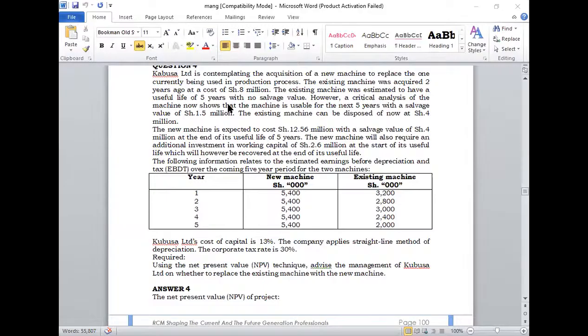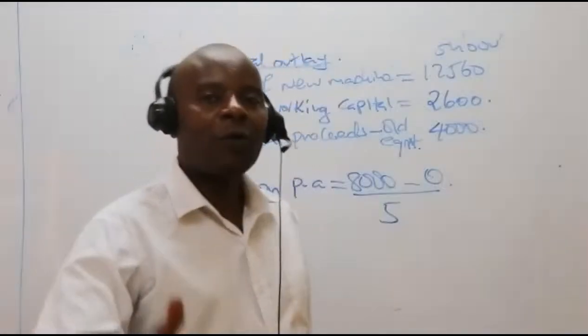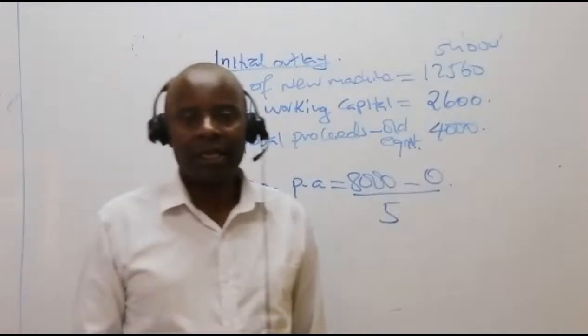Leave alone this other paragraph which could really confuse you. This other paragraph will be coming in later. This one which says, however, a critical analysis of the machine now shows that the machine is usable for the next 5 years with a salvage value of 1.5, entails a change of accounting policy.